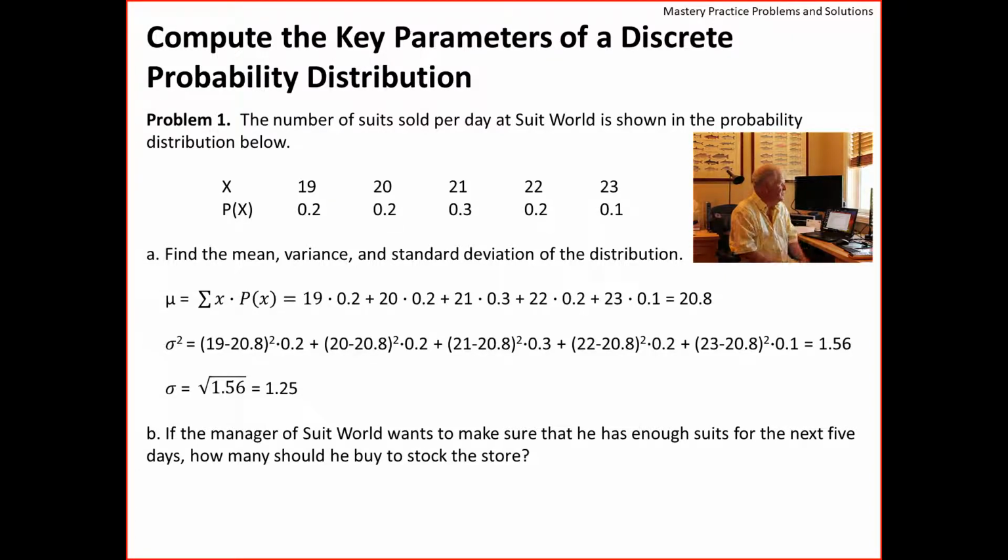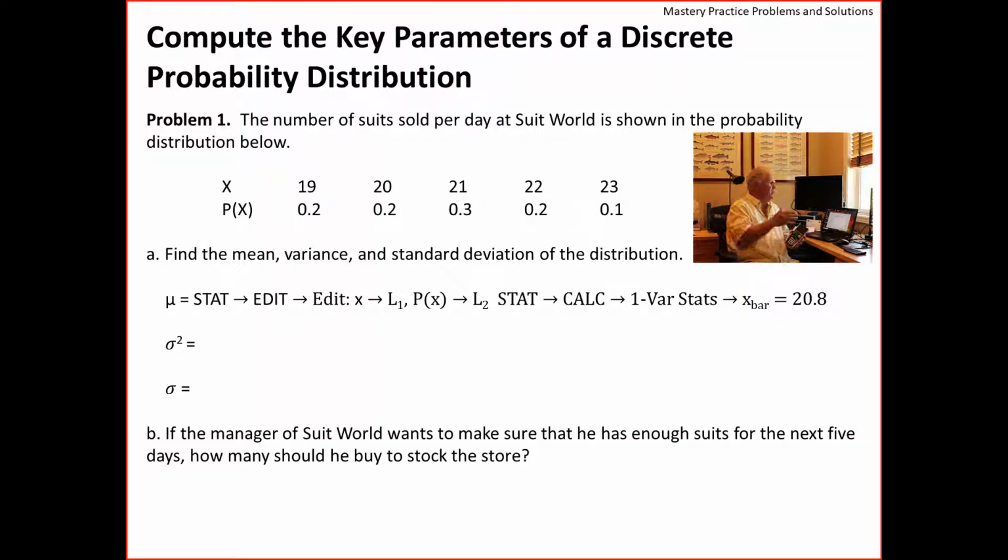What I really want you to do is use your calculator, right? If you're faced with a problem that says find the mean, variance, standard deviation of this distribution, take out the calculator, turn it on. Let's calculate the mean. We go to stat. Under stat, we go across the horizontal menu to edit.